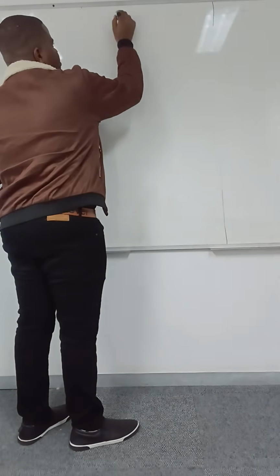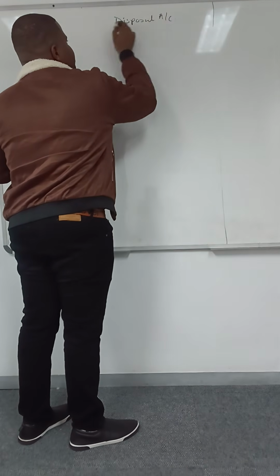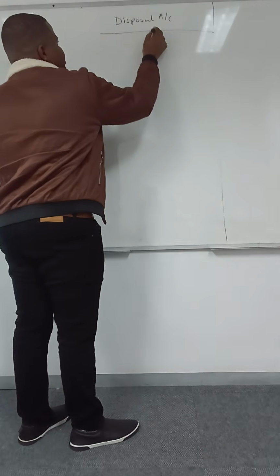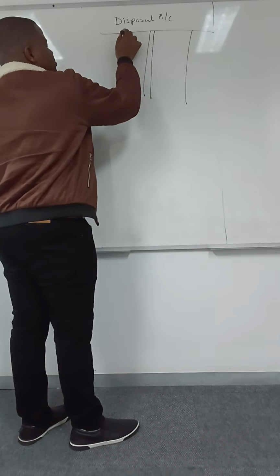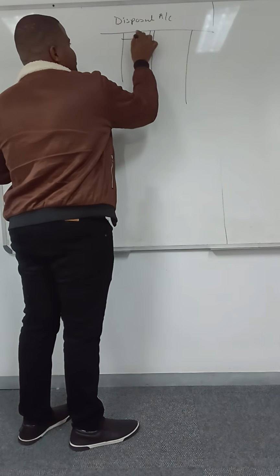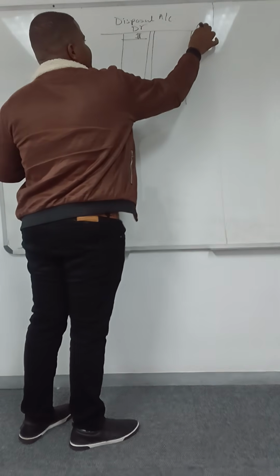The disposal account is easy, because we just want to complete the double entry from the asset account to the provision for depreciation account. This is the debit side, this is the credit side.